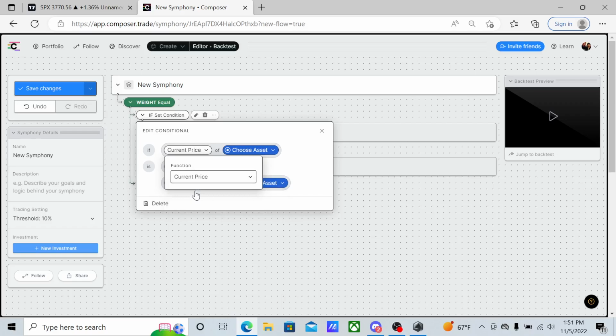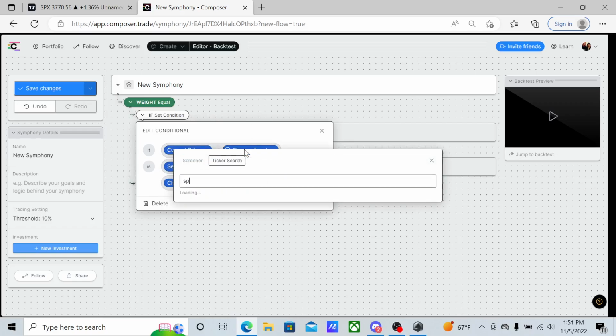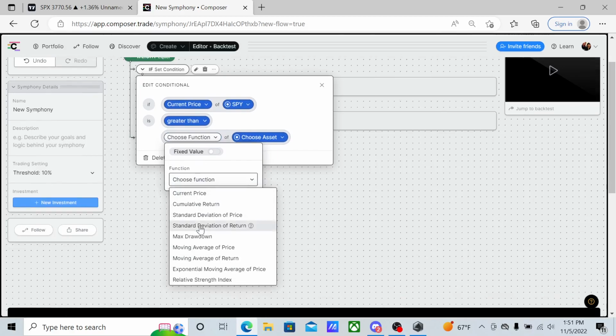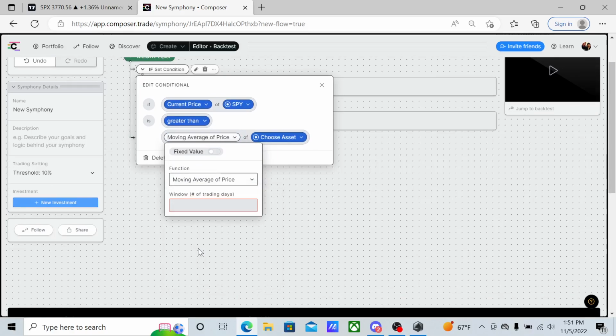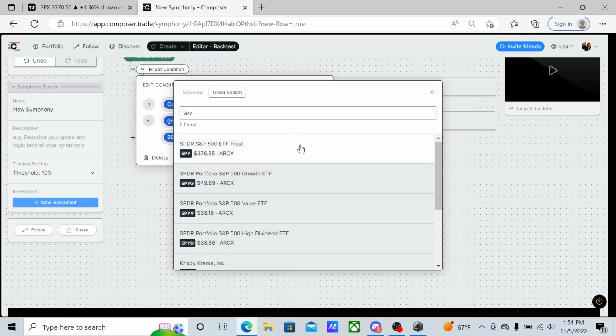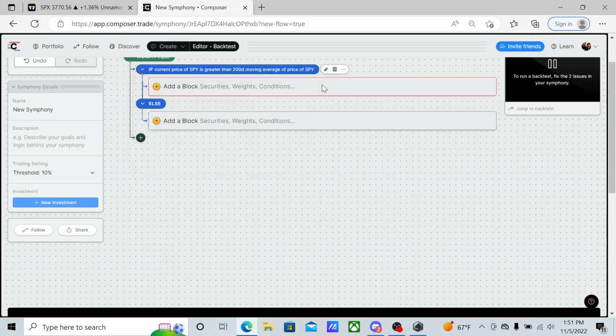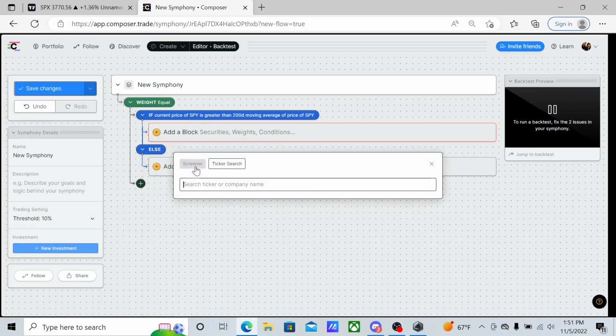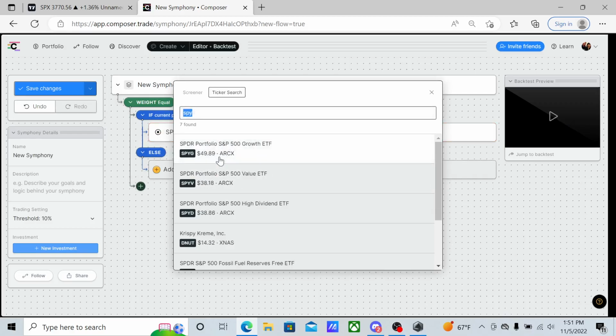So if the current price of SPY, which is the S&P 500 ETF, is greater than the function moving average of price, right here you would plug in your 200-day moving average of SPY, and then you have your first sort of requirement. So if you're wanting to trade macro trends and you want to do the SPY when it's above its 200-day moving average, you would simply invest in SPY there.